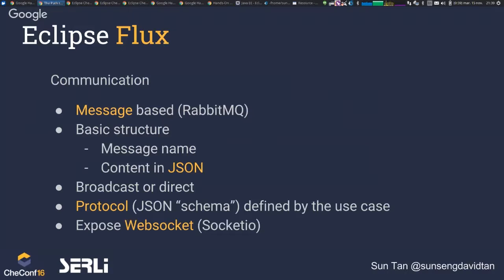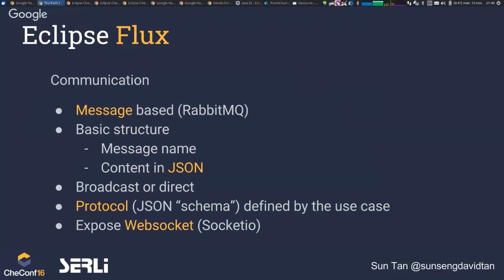The structure of the JSON, the schema, is defined by the use case. I'm going to show it just after. Flux will expose a WebSocket, so it is easy to implement a plugin for tools or web applications to connect into the Flux session.